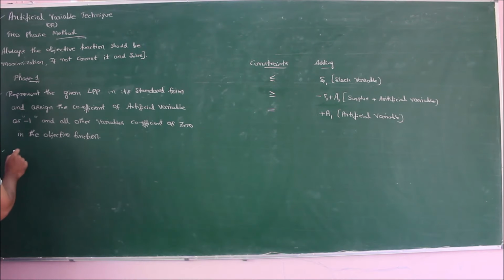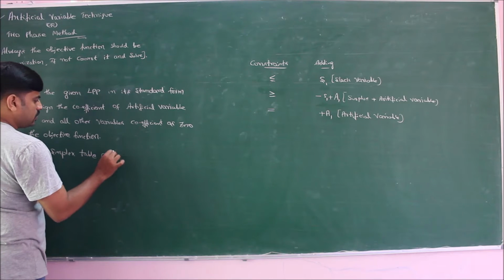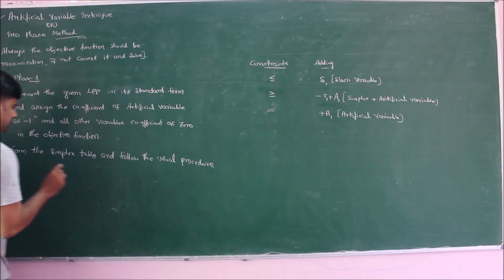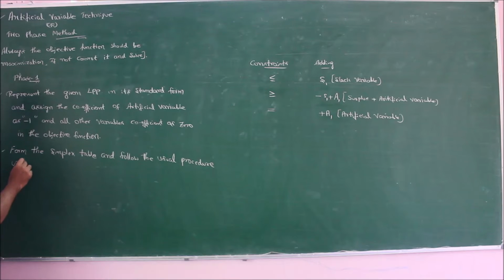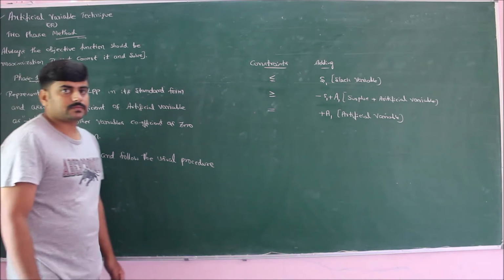Next, form the simplex table and follow the usual procedure until we get all the values of delta i greater than or equal to 0.